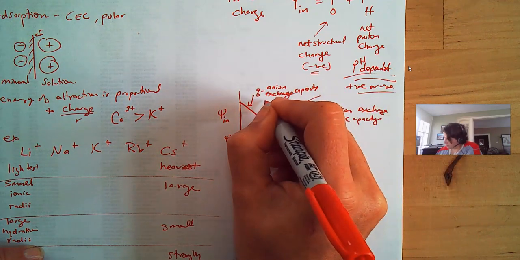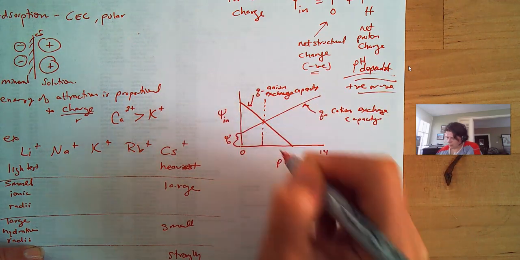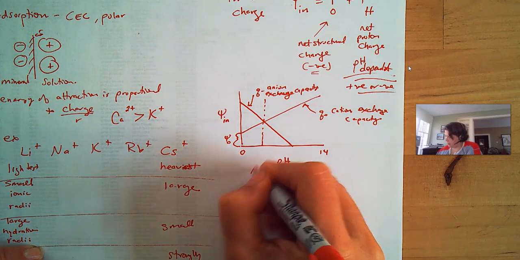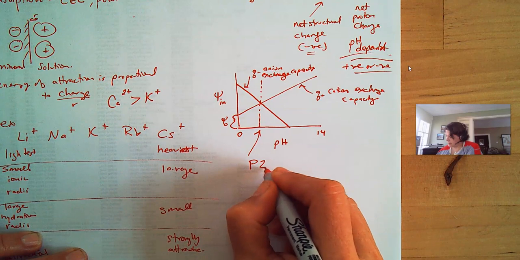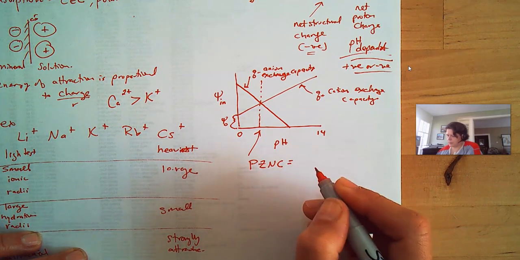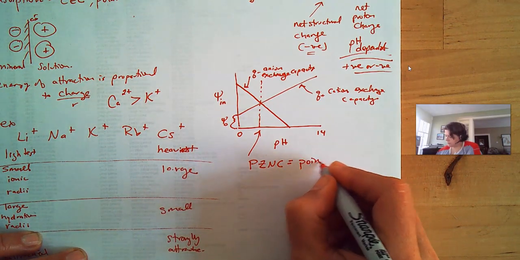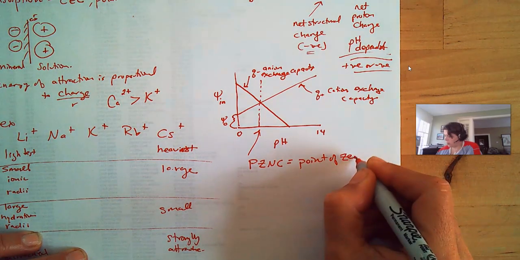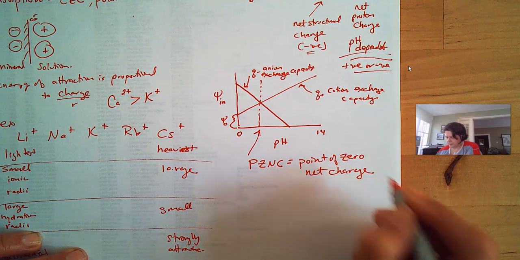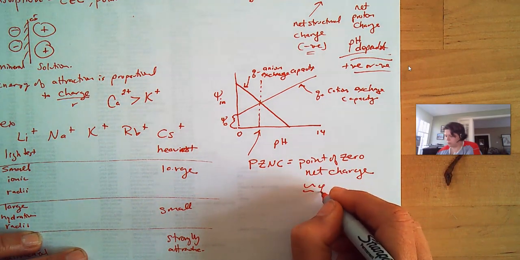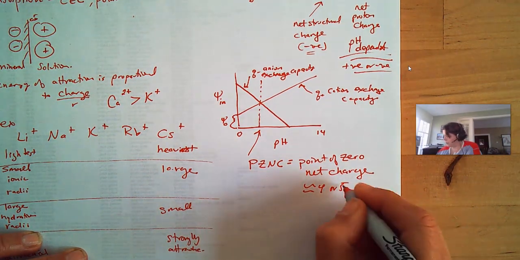And then right here, at this point, this is called your PZNC, the point of zero net charge. It's usually around pH 4 to 5 for most soils.